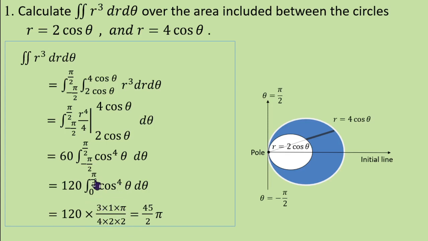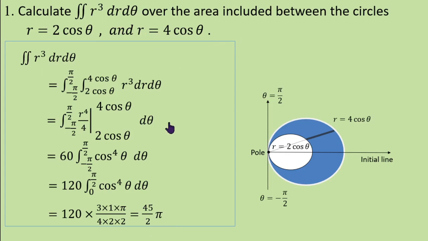I discussed that in the first lecture. Please go through it once again and simplify this. Now 4 times 8, cancel 8 from 120, it becomes 15. 15 times 3 is 45, pi divided by 2. So this is the required answer for this double integral.